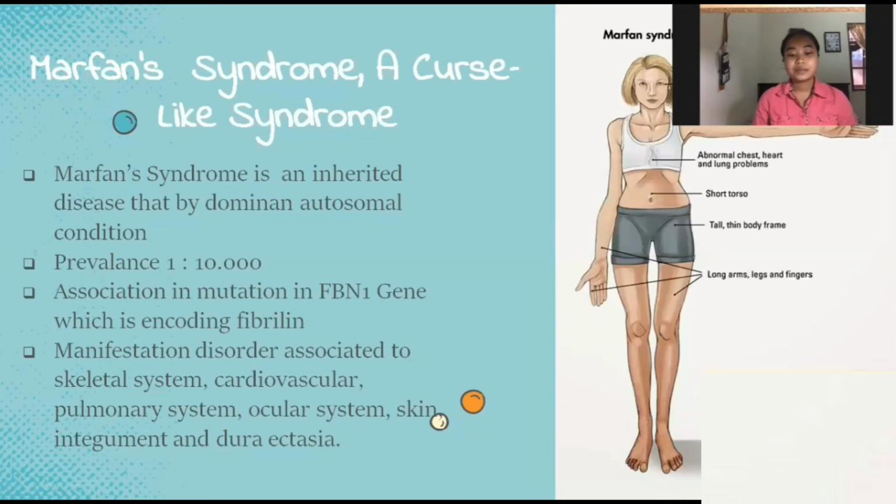Fibrillin is an important protein of the extracellular matrix, which contributes to the structure of microfibrils, so the mutation in FBN1 will affect manifestations associated with the skeletal system, cardiovascular system, pulmonary system, ocular system, skin, integument, and dural ectasia. Next.